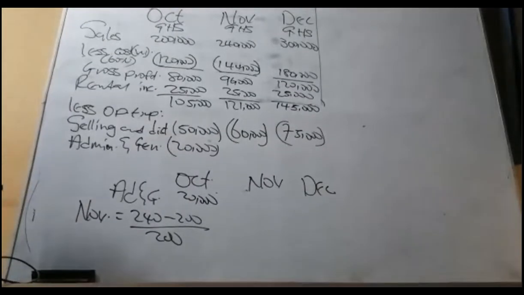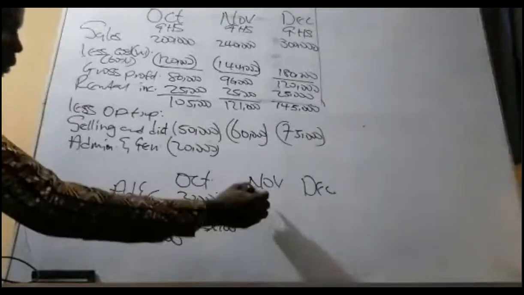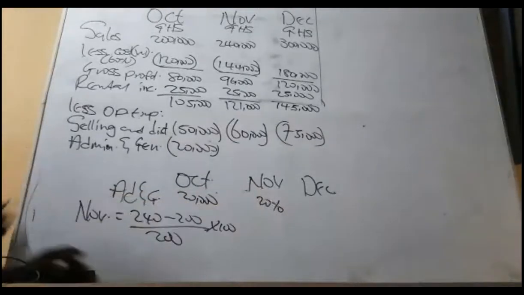So we have 40,000 divided by 200. That's 20%. So that means November, it will increase by 20%.